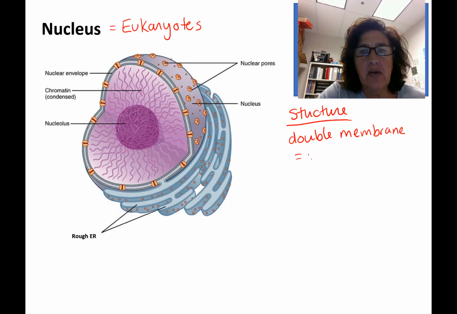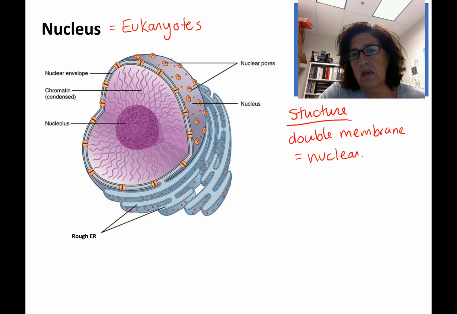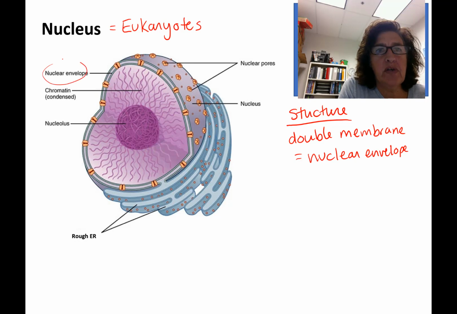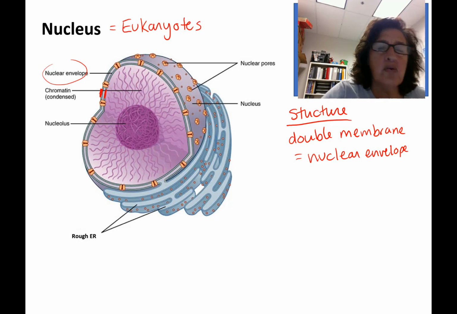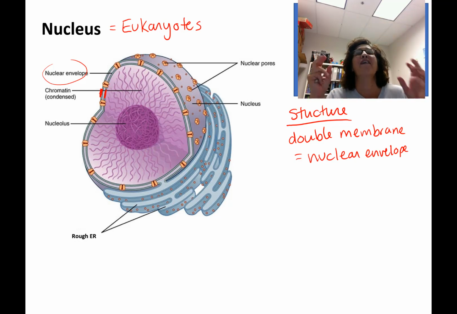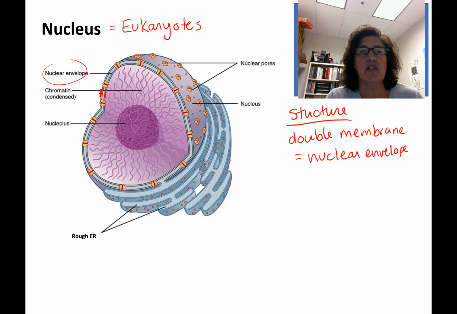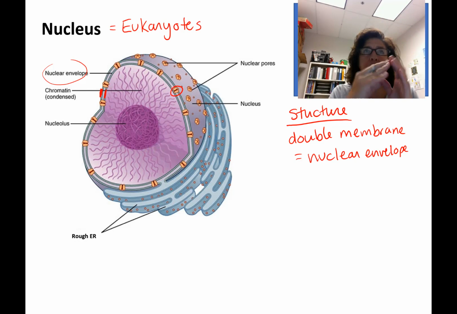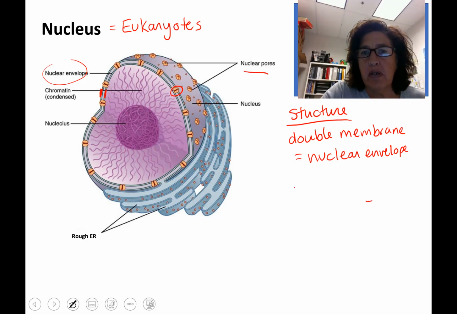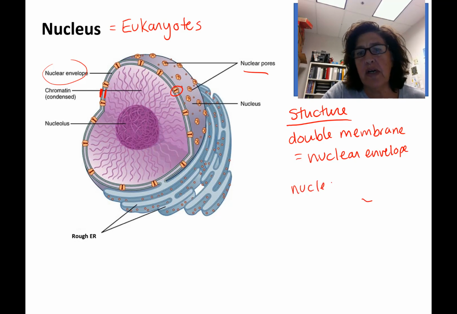And we call that the nuclear envelope. Okay. So it says nuclear envelope here, and hopefully you can see that there's 2 membranes. So there's 2 phospholipid bilayers right next to each other, the nuclear envelope. And then these proteins that cross those 2 membranes are called the nuclear pore, and they control what goes in and out of the nucleus.